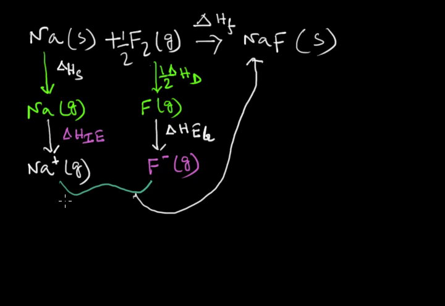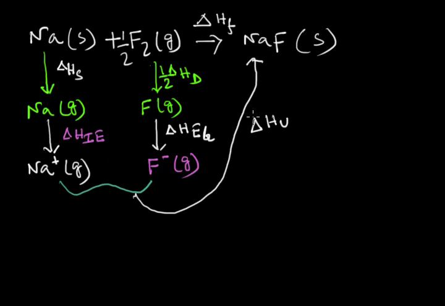When Na plus and F minus come close together, the sodium fluoride lattice is formed. That is an ionic solid having a definite geometry, and the energy released is called the enthalpy of lattice energy, which is delta HU.